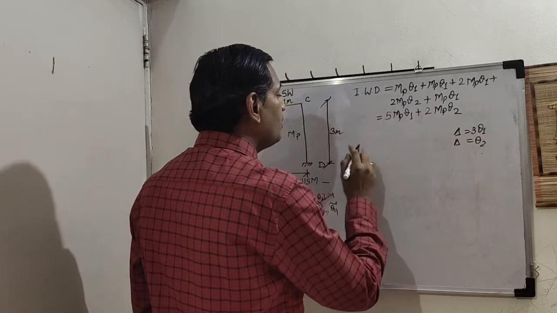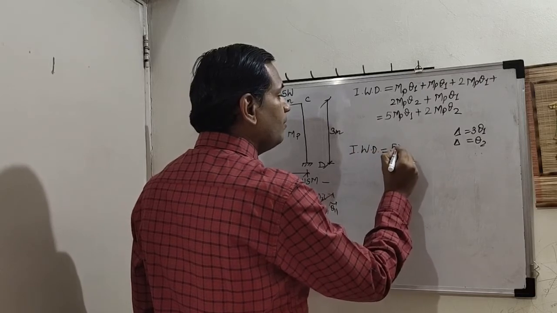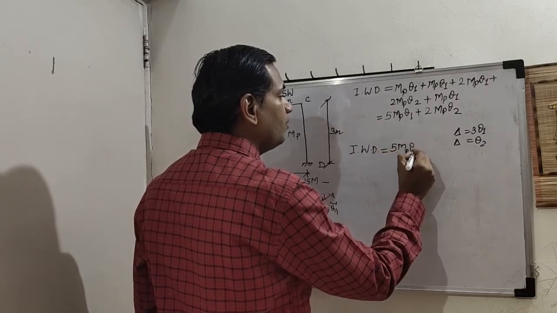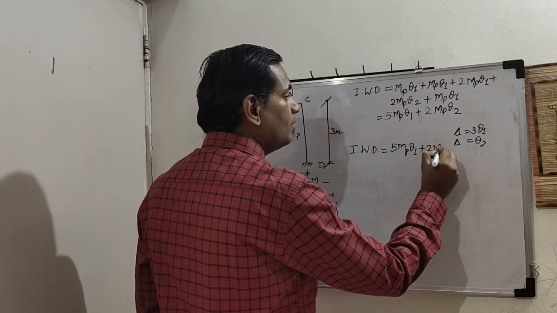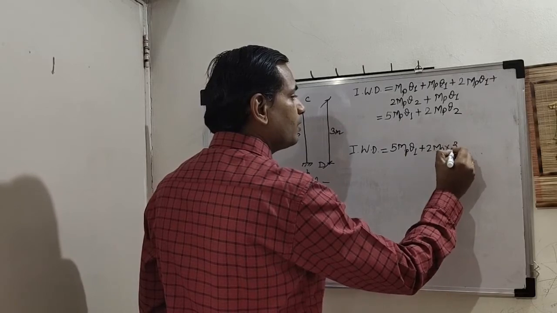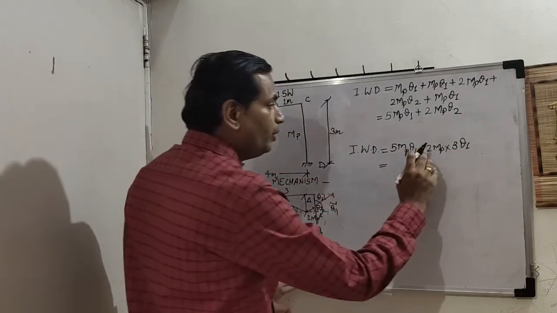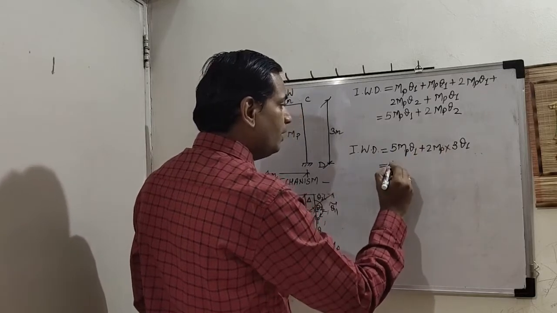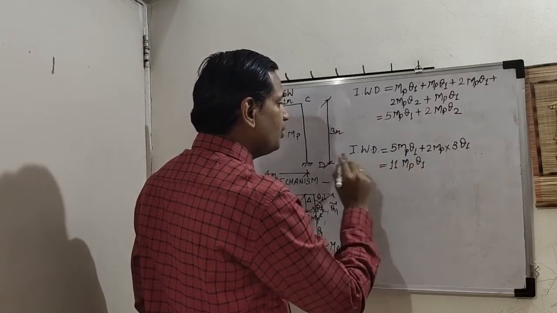So internal work done is equal to 5 MP theta 1 plus 2 MP into 3 theta 1, correct? So 2 into 3 is 6, 6 plus 5 is 11 MP theta 1 is the internal work done.